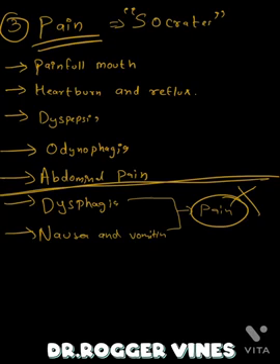So in pain you will get the painful mouth. Suppose the patient comes to you with a painful mouth, what will we see? The painful mouth may present due to sore lips, inflammation of the lips, maybe due to some food like spicy food. Also the tongue may be enlarged because of internal factors.